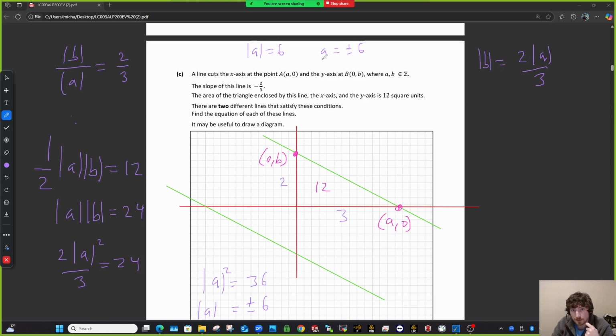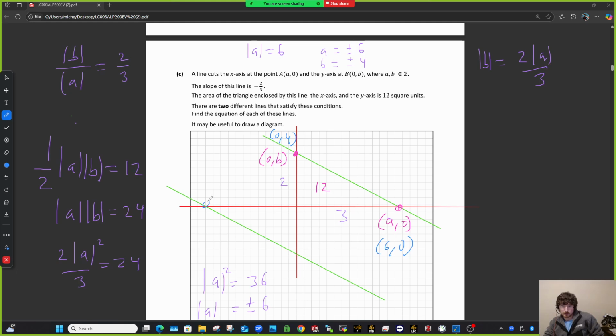And when you sub back in here, b works out as 2/3 that, so it's plus and minus 4. So the 2 points here, if I get another color, blue: when this is 6, 0, this point here is 0, 4.